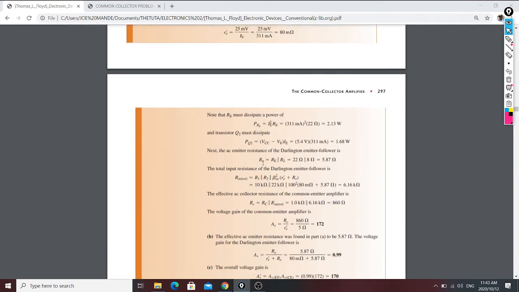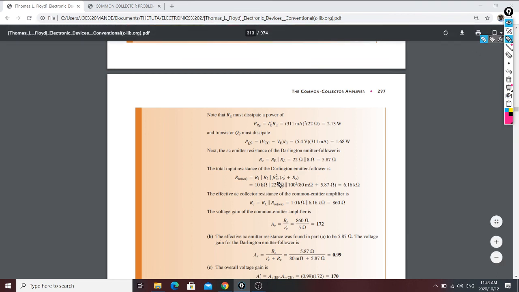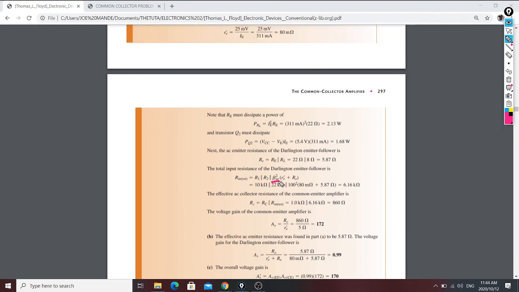From the RE, you apply your R in total, and for the Darlington, as we said, you have this beta AC, which is going to be squared because we have 2 transistors. Therefore you get your R in total. And then as I said, the RC is in parallel with the R in total from the Darlington. So now you have your RC.